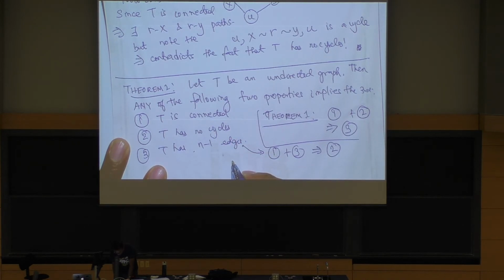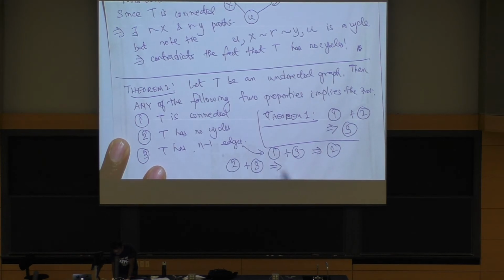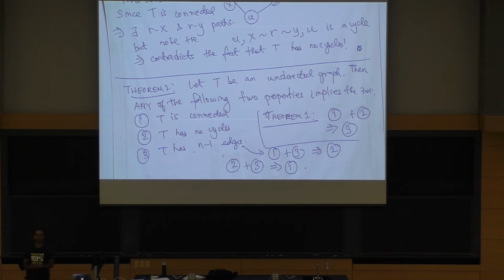Also, if you say that it has no cycles and it has exactly n-1 edges, then it has to be connected. So there are three conditions. If any two of them are satisfied, the third is true. However, if only one is satisfied, then it's not necessarily the case the other two will be satisfied.